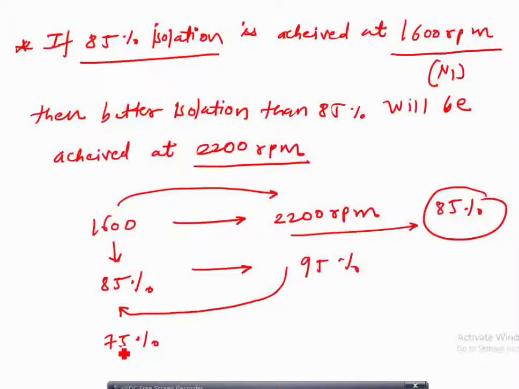So that is different from the problem statement. That is why you should always select the lesser speed, and if you achieve the expected isolation at that lesser speed, then as the speed goes on increasing, even to the extreme range, the isolation will be better, because isolation is better at higher speed. I hope it is clear to all of you.